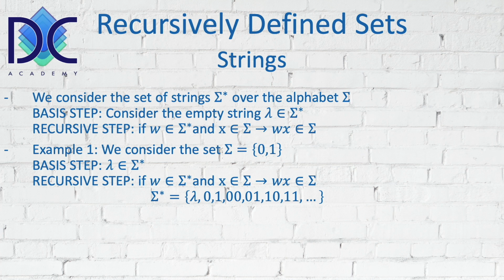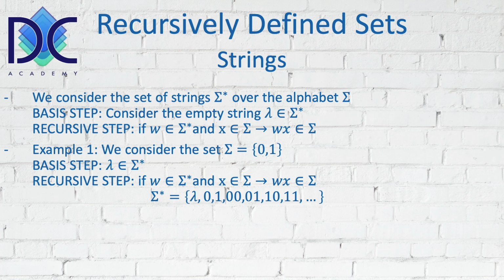Now, what do we find in this set? First of all, we have the empty string. We have the alphabet, with two members, 0 and 1. So we have lambda and 0, which gives us 0. Lambda and 1 gives us 1.